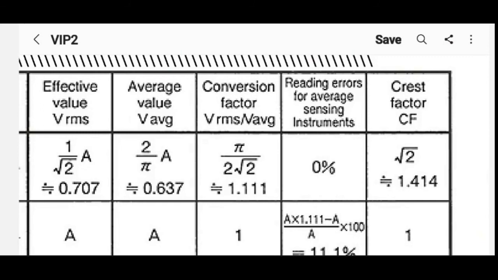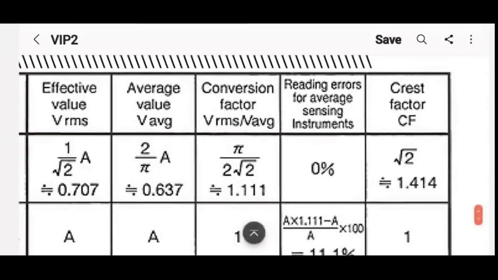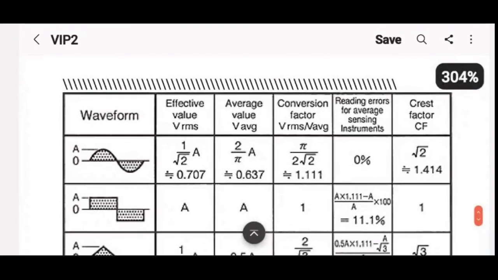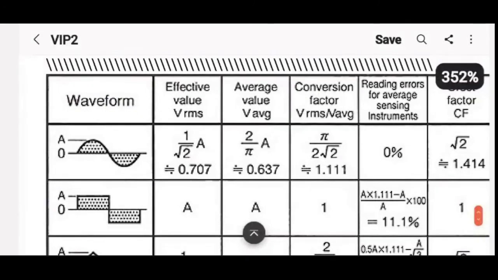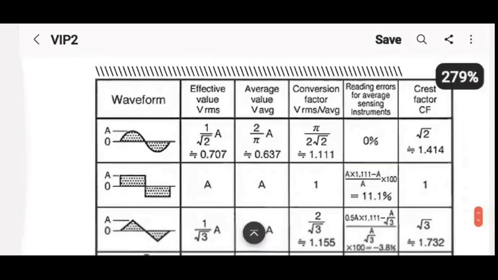They are claiming 0% here, which I somehow don't like, because 0% is not going to be true in almost any real life situation. You'll always get 1 or 2% error. But anyway, somebody has put 0%. Crest factor is another thing, which is nothing but a ratio of peak value to RMS value. That's 1.414 in this case.